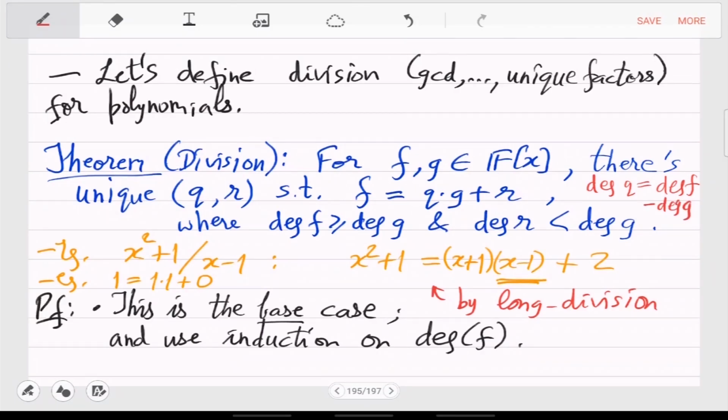Okay, so degree of q is degree of f minus degree of g, and it's exactly that, and the degree of r is something that is strictly smaller than degree of g. That's the property of division. Final thing is, why is it unique?